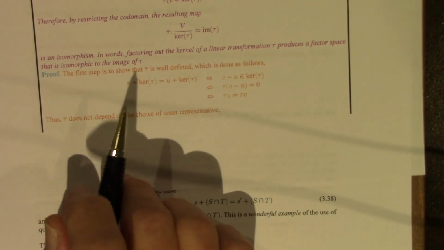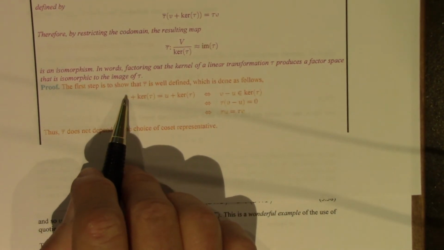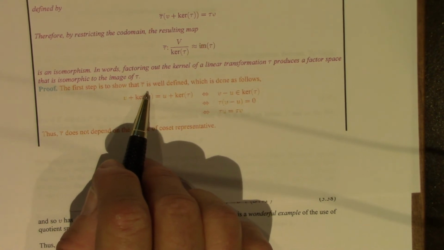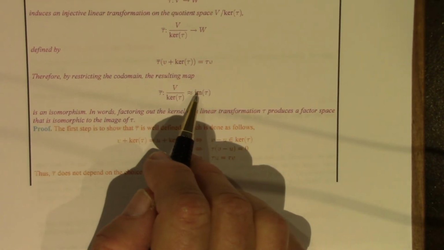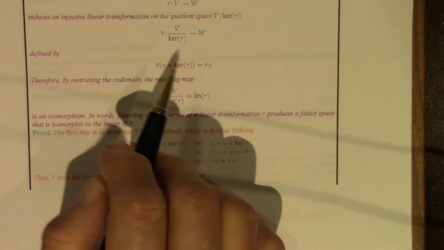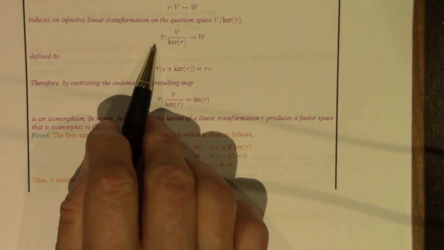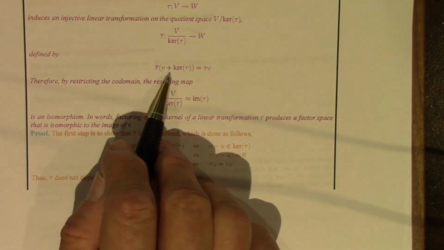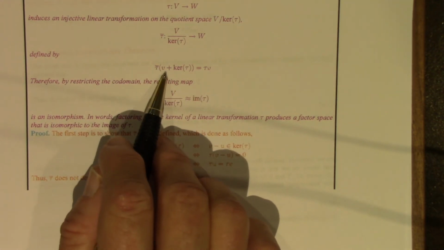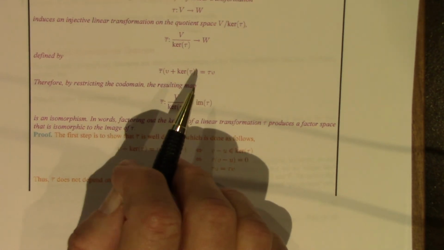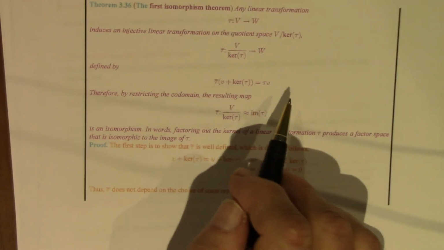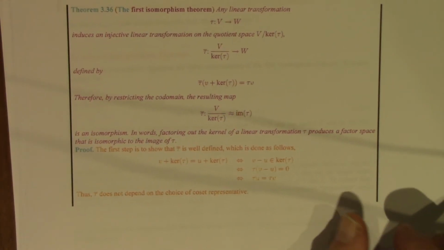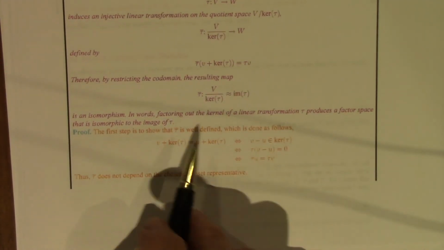As to the proof, the first step is to show that tau bar is well defined. We've had a lengthy discussion about this issue. When you try to define a function on a quotient space by using coset representatives, we have to be sure that the definition does not depend on the choice of coset representative.